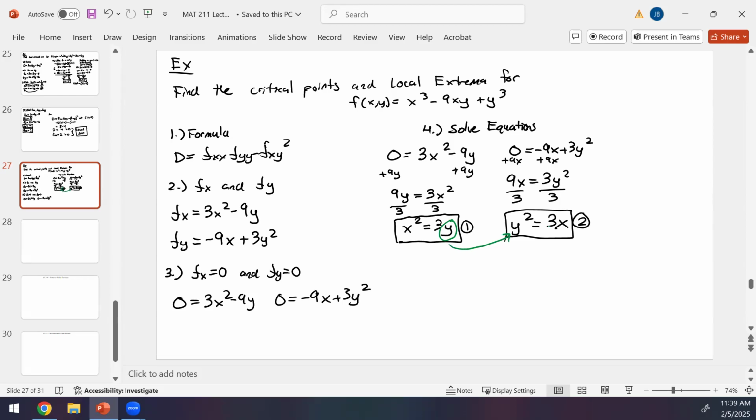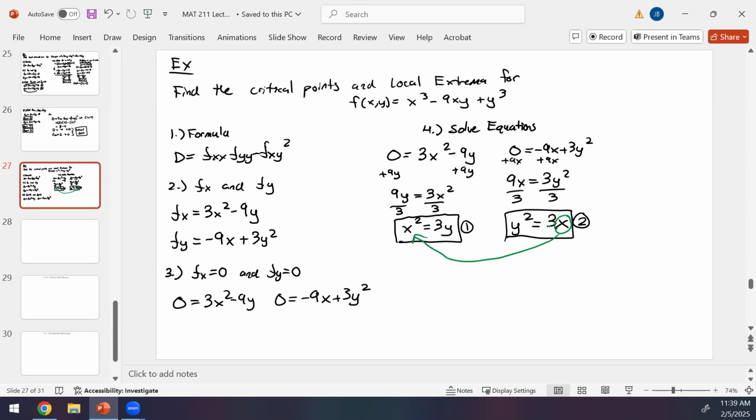That's an option. Or maybe you're thinking to yourself, you know what? I could also take this x value, I could isolate it, right? Divide the 3 over, and I could plug it into this x squared.